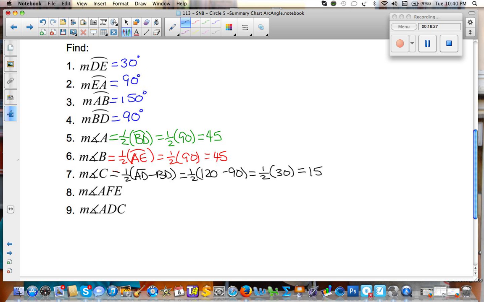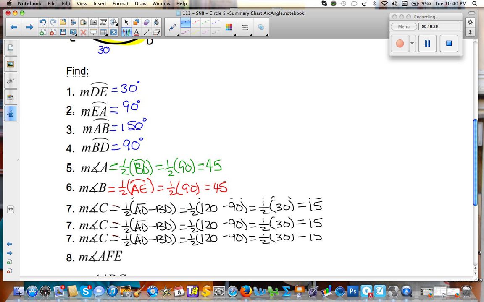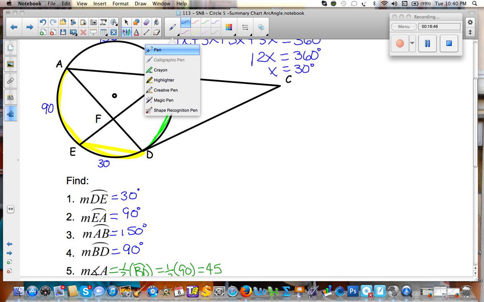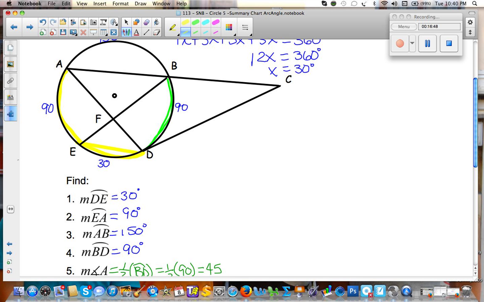Next, we need to find the measure of angle AFE. AFE. And so that is an angle formed by two chords intersecting inside the circle. So for that one, we're going to use pink. We're talking about this angle. So for that, we're going to use half of the sum of those two arcs. Those didn't come out very round, did they?